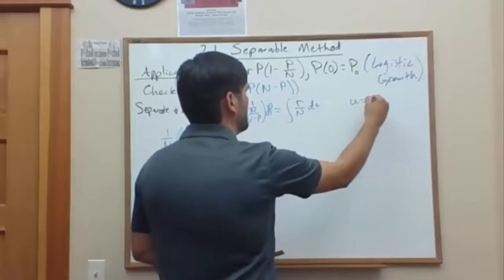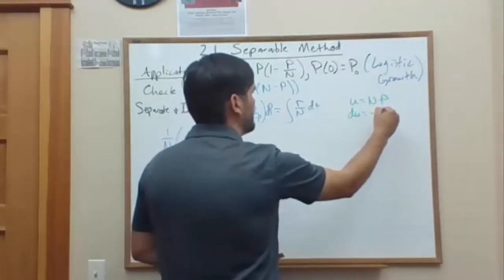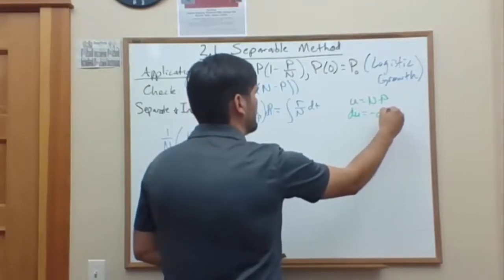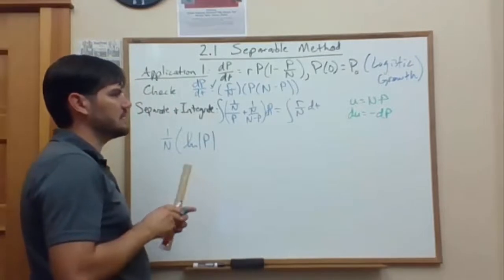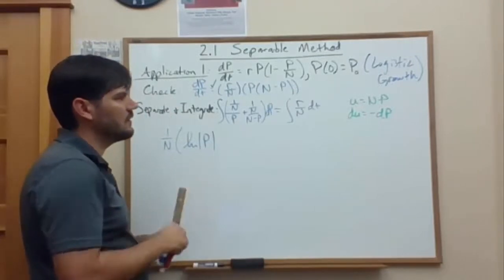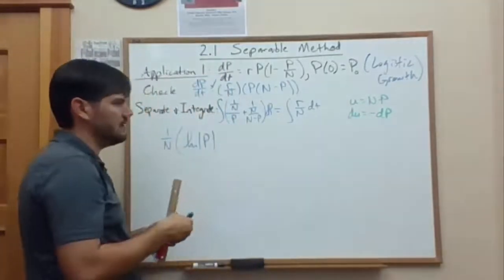If I let u equal N minus P, then du is equal to negative dP, which means that I have a negative pop out here.